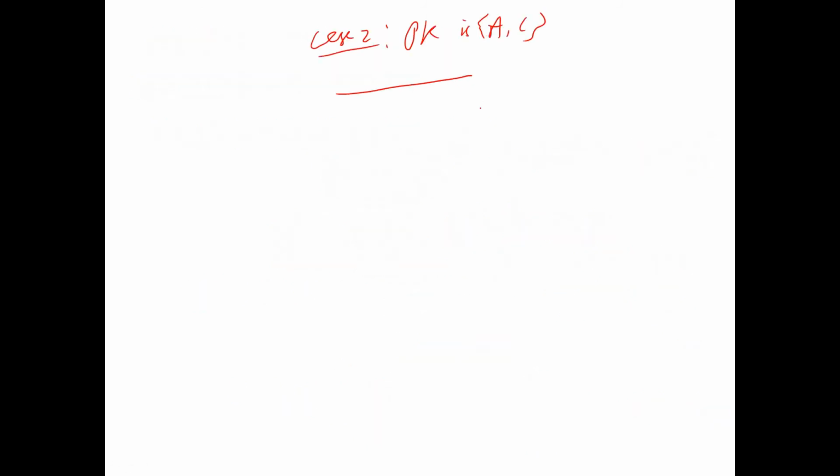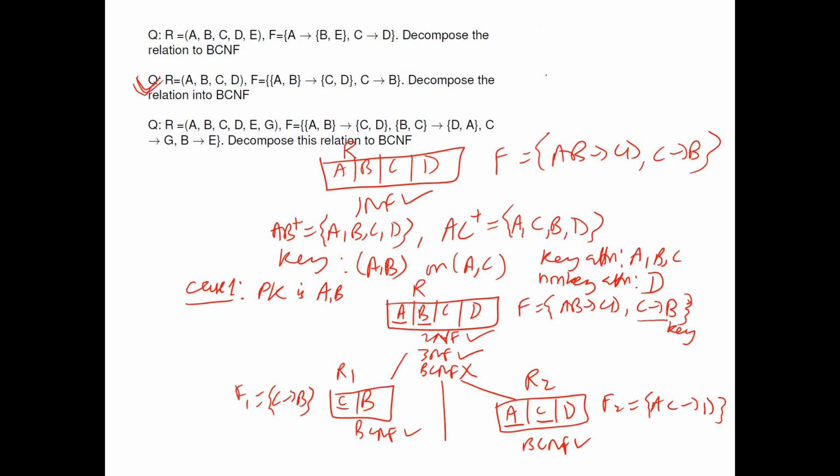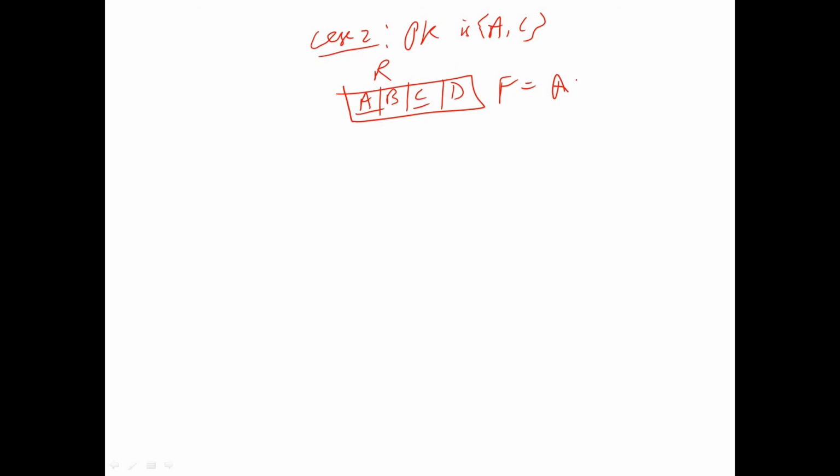So let's see the R containing A, B, C, D. My F is containing, you can see, AB to CD, C to B. So is this present in 2NF or not? Here the non-key attribute is only D. So ABC are the key attributes.